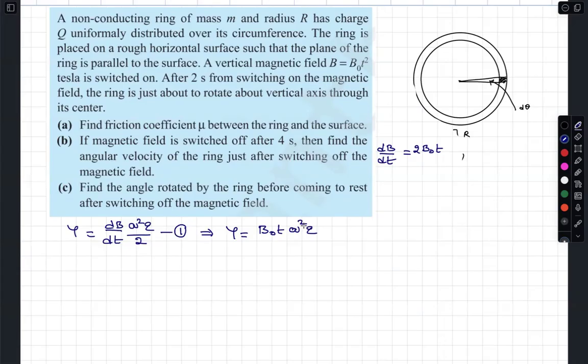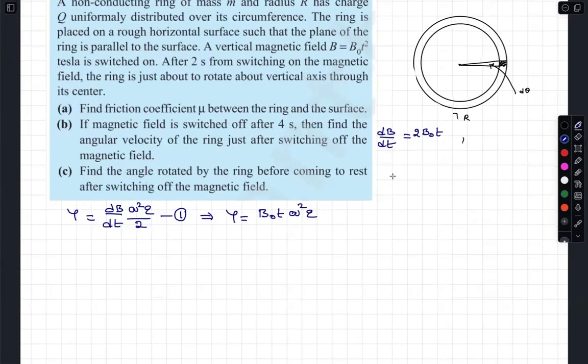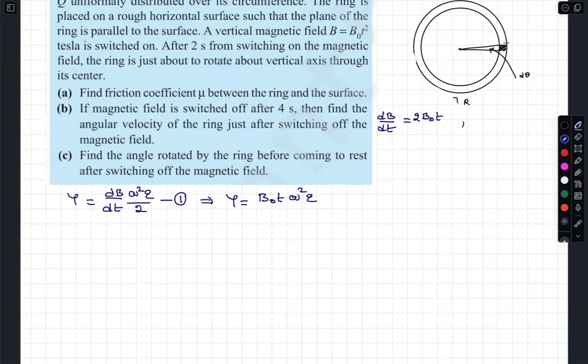So what is actually happening? Earlier, all the rings moved. Why are these not moving? Because at this point, the induced electric field will tend to rotate it in anti-clockwise sense. But friction exists everywhere.